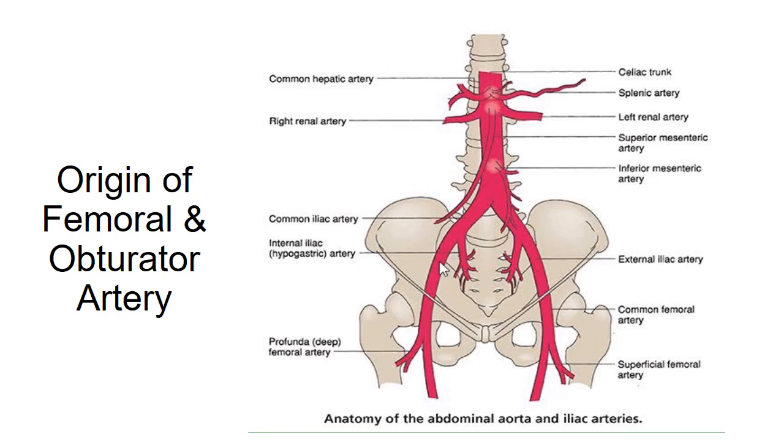Coming to the external iliac artery, it is the larger terminal branch of the common iliac artery. It is the main source of blood supply to the lower limb, as it continues downward as the femoral artery.